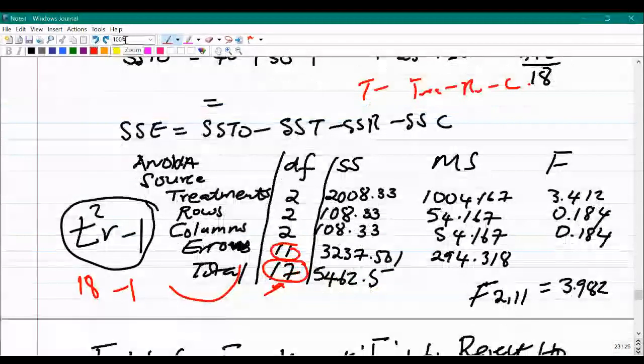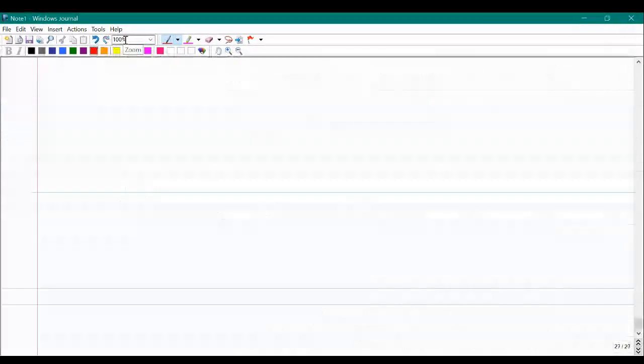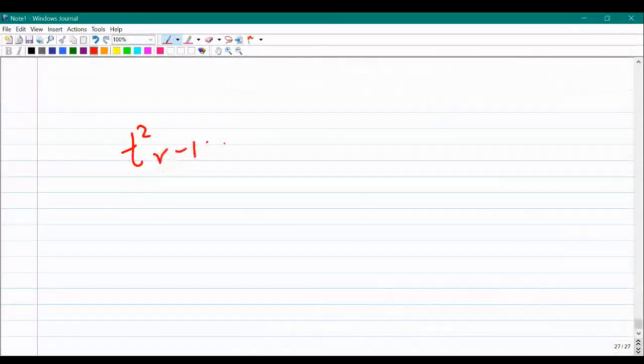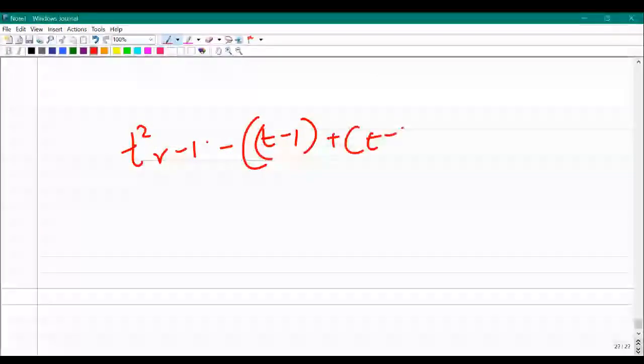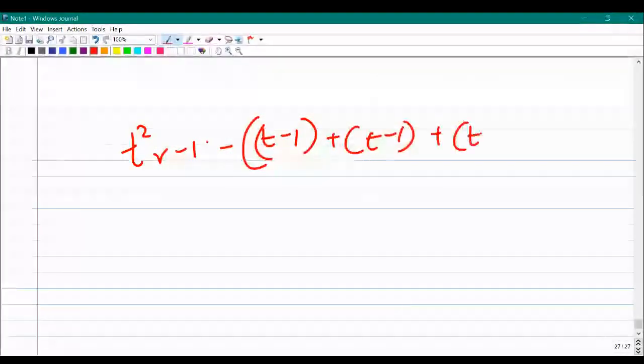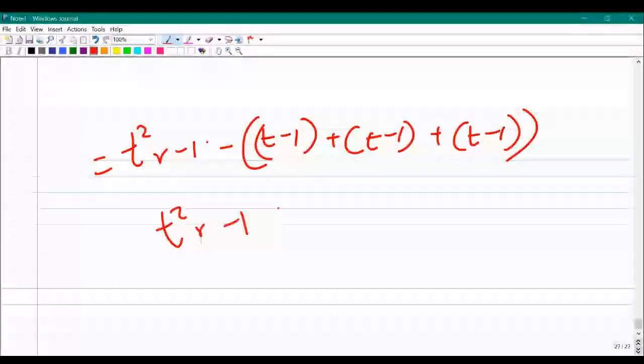Let's apply maths. t squared r minus 1, minus t minus 1, plus t minus 1, t squared r minus 1. What is this? This 3t, right?